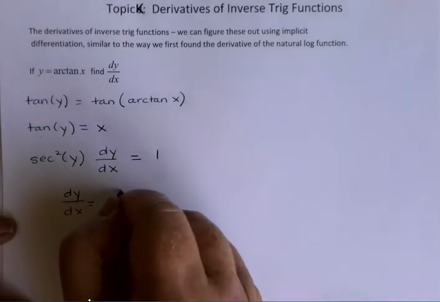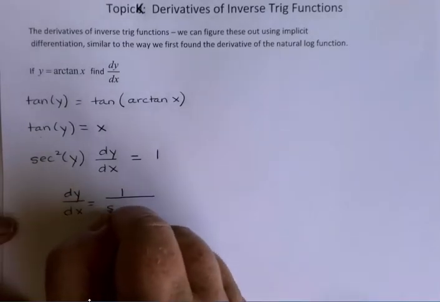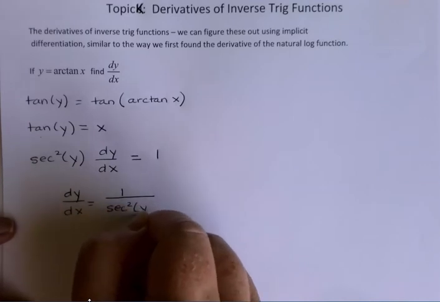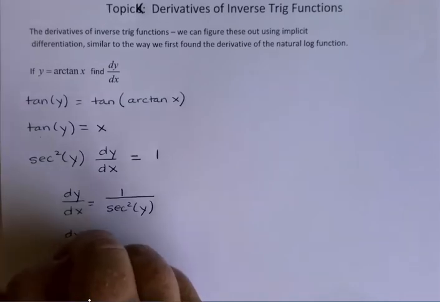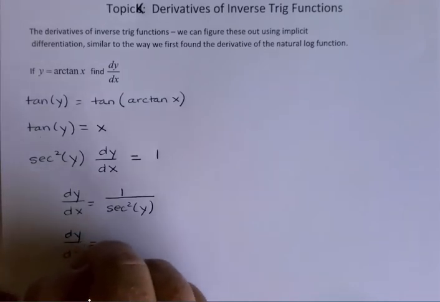So dy dx is 1 over secant squared of y, and since the reciprocal of secant is cosine, that's just cosine squared y.